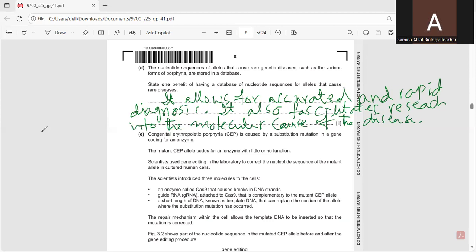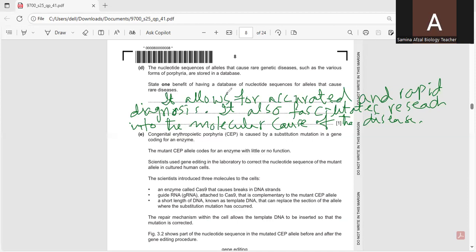The scientists introduced three molecules to cells: an enzyme called Cas9 that causes breaks in DNA strands, guide RNA attached to Cas9 that is complementary to the mutant CEP allele, and a short length of DNA known as template DNA that can replace the section of the allele where the substitution mutation has occurred. The repair mechanism within the cell allowed the template DNA to be inserted so that the mutation is corrected.